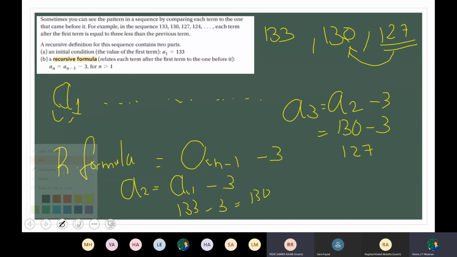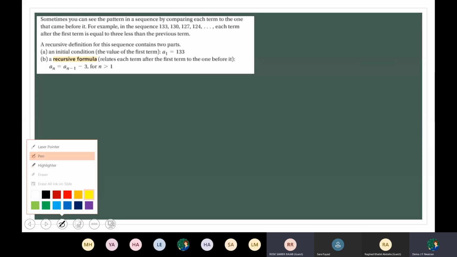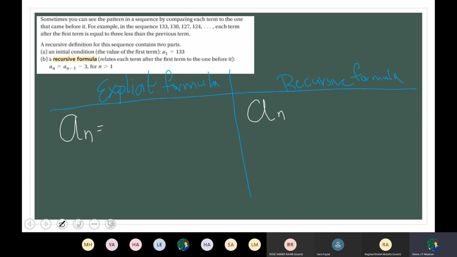Now, what's the difference between them? For the explicit formula, I write A sub n. In the explicit formula, I say A sub n is equal to n plus 4, as an example.